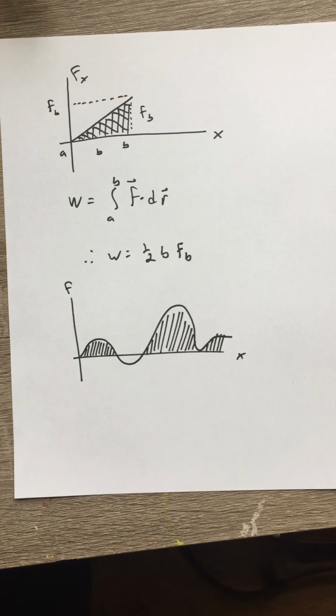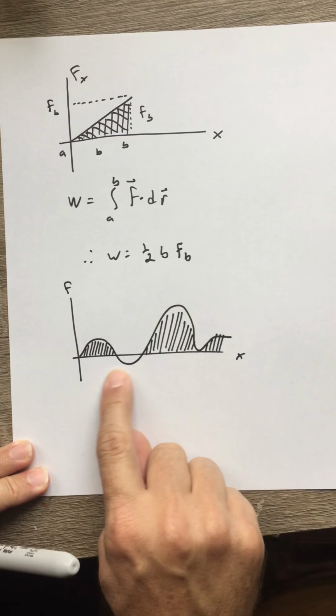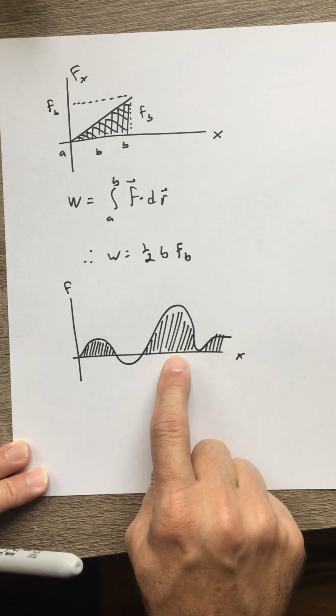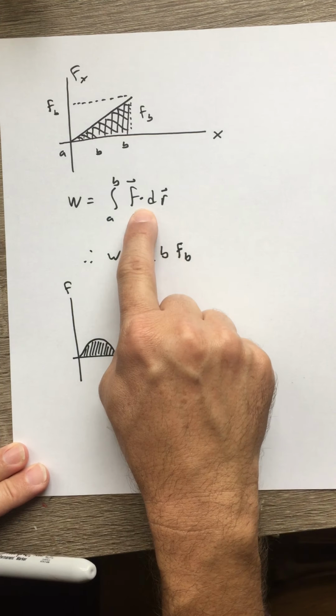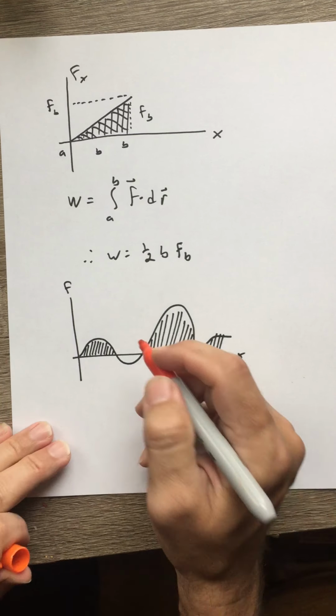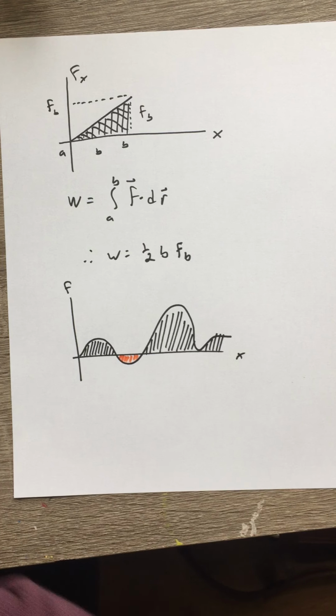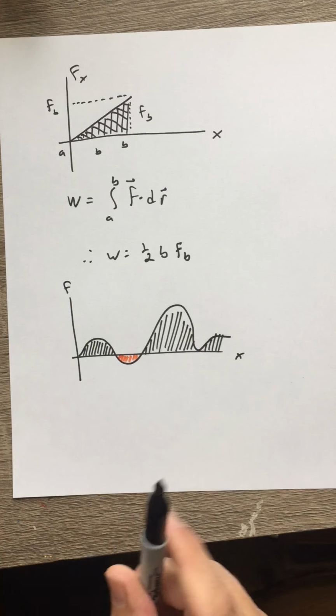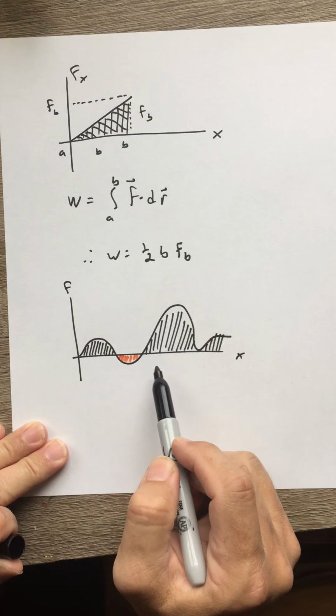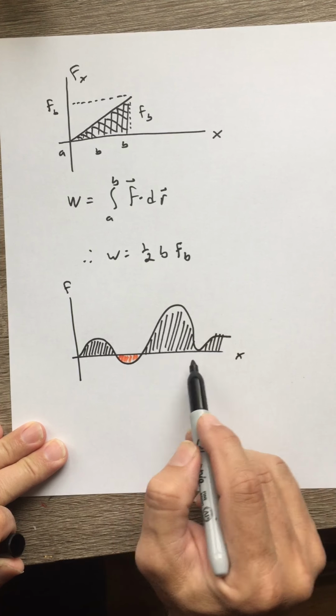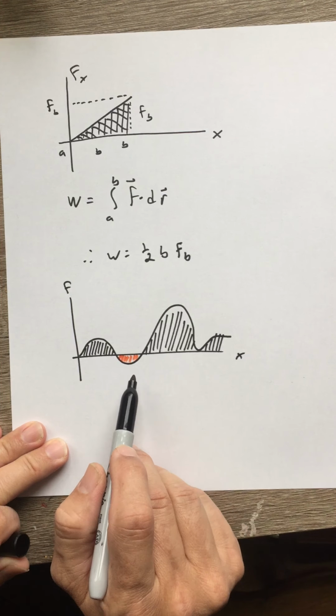But calculating this is probably non-trivial, so in this case it would be easier to just actually evaluate the integral. I do want to talk about this though conceptually, because I've got two quote-unquote areas under the curve. I've got this area above the x-axis, and I've got an area below the x-axis.